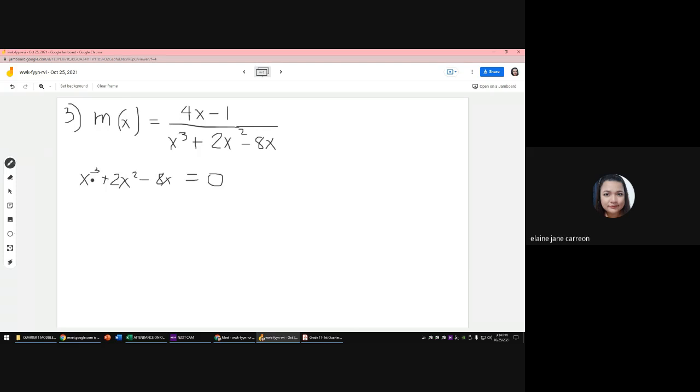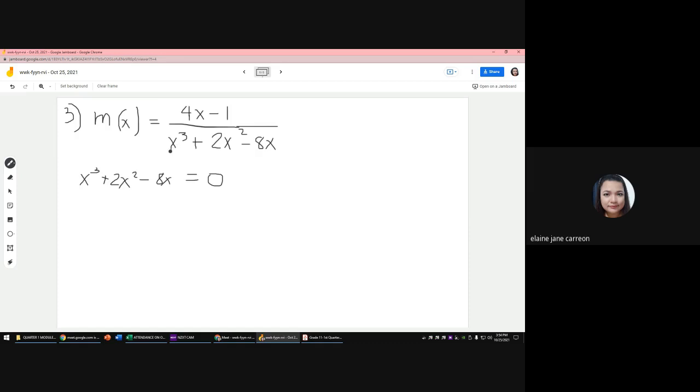It involves 3 terms and the highest degree is 3. In order for this polynomial to be factorable, we can factor out x, the common monomial factor, so that we can obtain a factor wherein it is also factorable. I hope you get that.